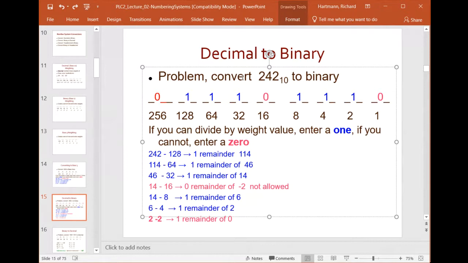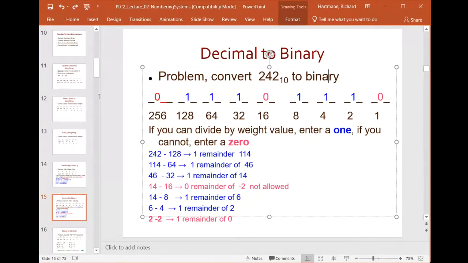And you know, really, you can do it on a scientific calculator, or you can actually just punch in 242 in base 10 and tell it to convert to binary, and of course it will do that. That's fine, but you need to kind of understand what is going on here.